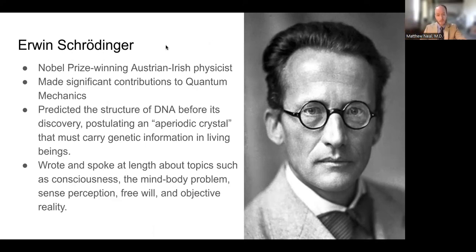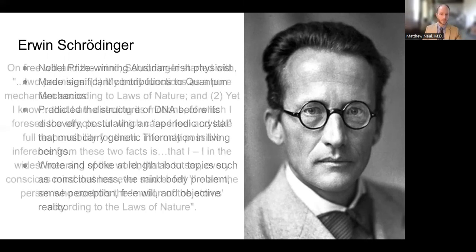Obviously he's a physicist, but he had a deep interest in consciousness, mind-body problem, free will. I also think it's interesting that this guy essentially predicted the structure of DNA before Watson and Crick ever discovered it. He postulated this aperiodic crystal. But yeah, one of the first guys in modern times to talk extensively about these systems that extend beyond just one scale of study.